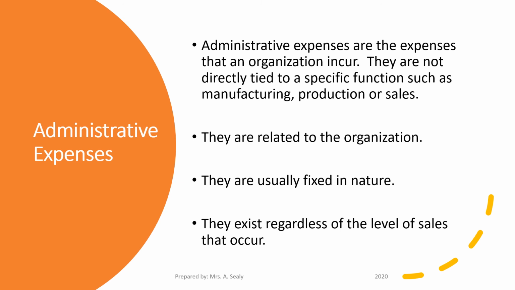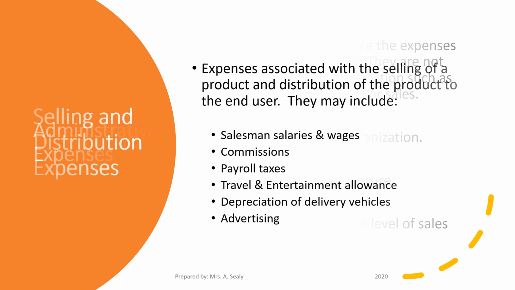Let us look at distribution and selling expense. So what are our selling and distribution expenses? These expenses are usually associated with the selling of a product and also the distribution of that same product to the end user.